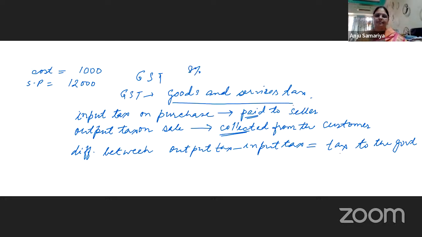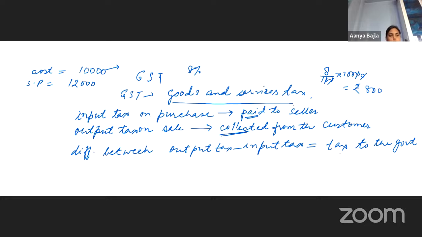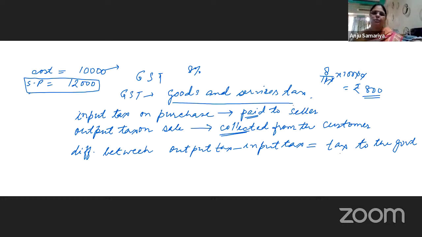So how much is the tax which I have already paid? 8% on 10,000 is 800. That is the input tax, the tax I gave to the seller from whom I bought.